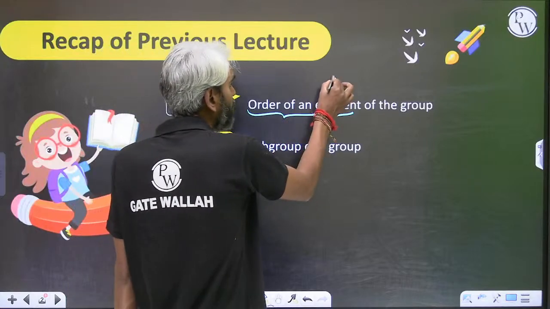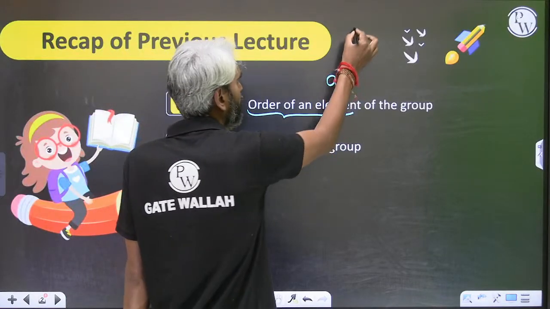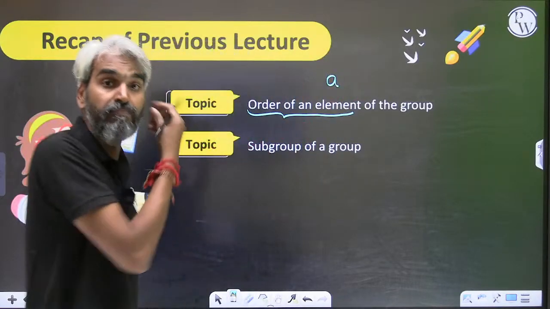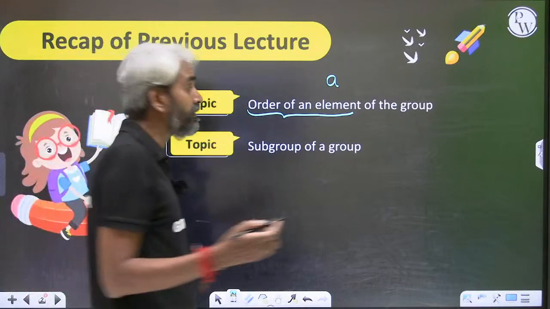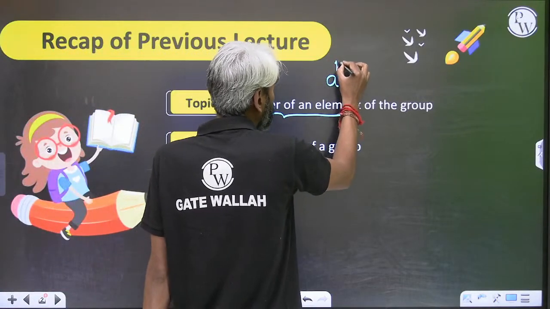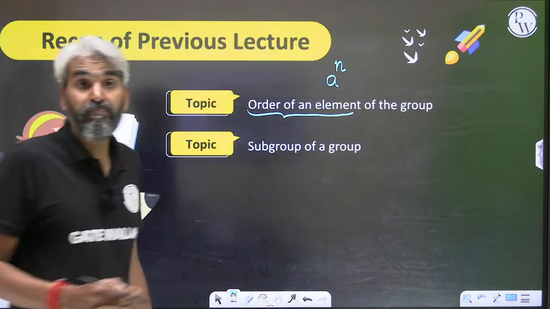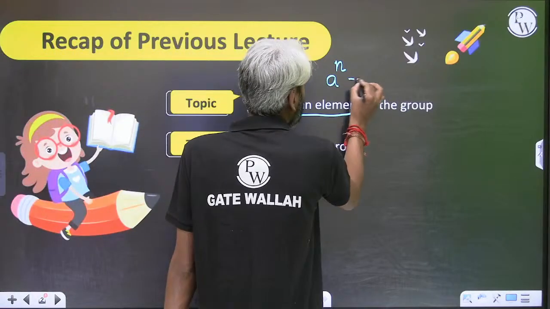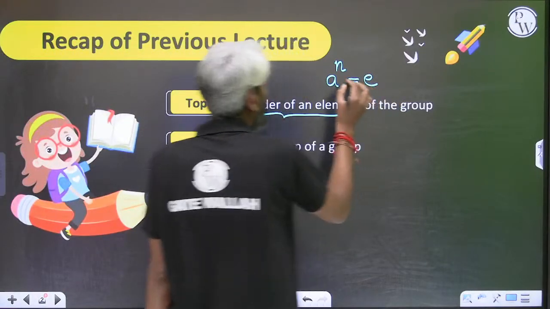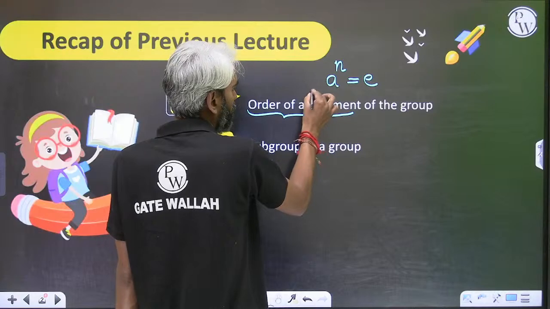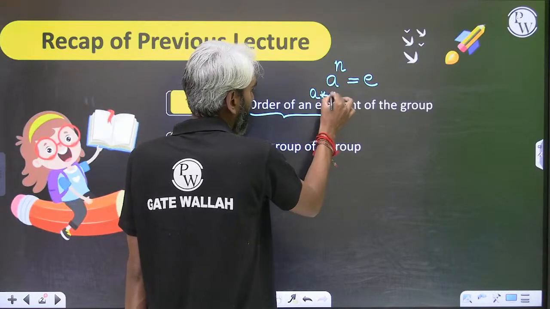What actually is the order of an element of the group? If A is any element and E is the identity element of the set, then the order of element A is the least positive integer n such that A raised power n results in the identity element of the set. What do I mean by A raised power n? This is the binary operation.